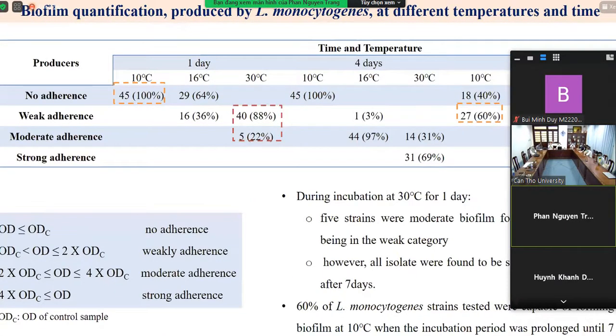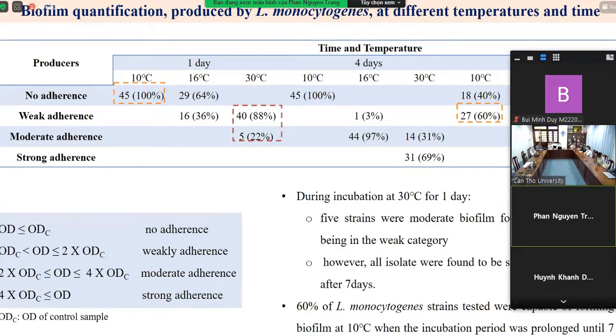According to biofilm quantification, Listeria monocytogenes has been classified as non-adherent, weak, moderate, and strong. We can look at the orange box. You can see at 10 degrees, at 1 day, Listeria monocytogenes cannot adhere to the surface.